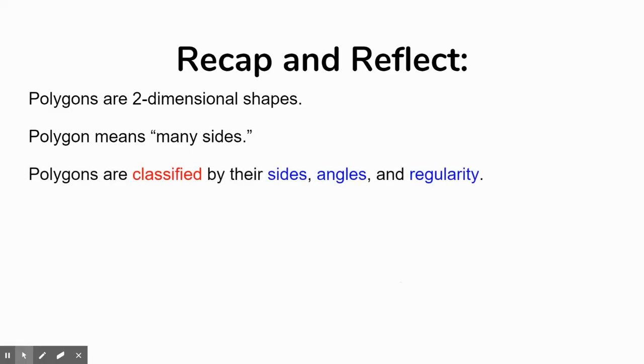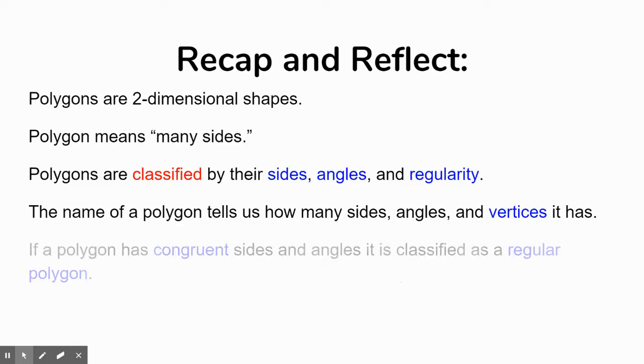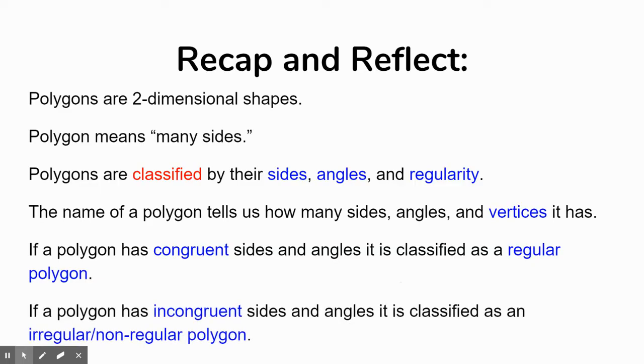We classify polygons by their sides, their angles, and their regularity. The name of a polygon tells us how many sides, angles, and vertices it has. And if a polygon has congruent sides and angles, we would classify it as a regular polygon. And if a polygon has incongruent sides and angles, then we would classify that as an irregular or non-regular polygon.